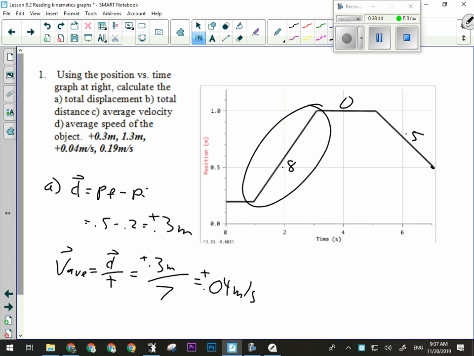And then to calculate average speed, total distance over total time. That's 1.3 divided by 7, which should give us 0.19 meters per second. You good with that? I think probably a lot of people were still stuck in velocity versus time graph mode when we first started that question.